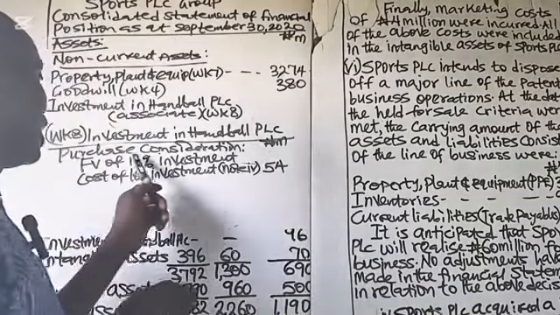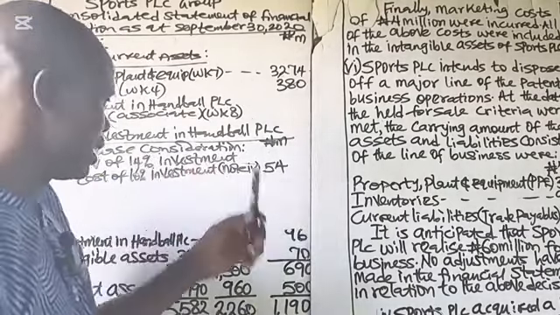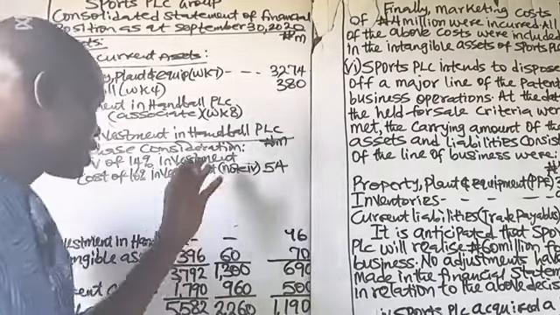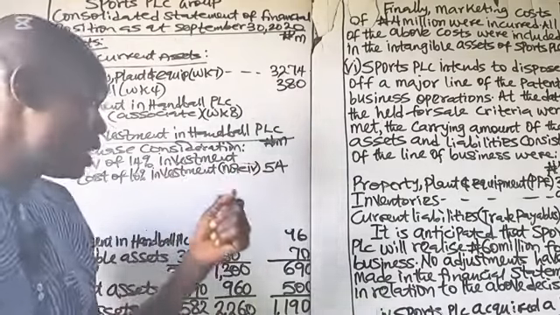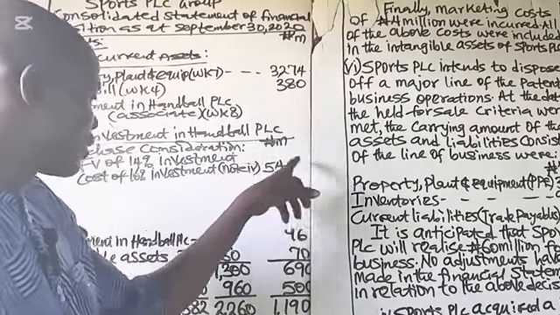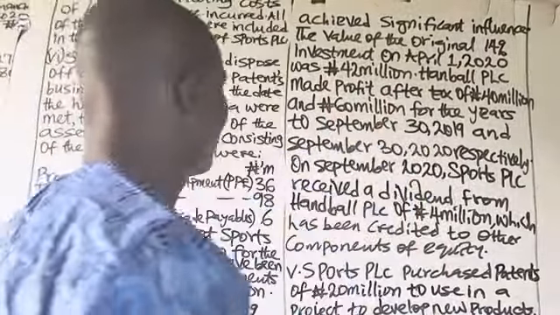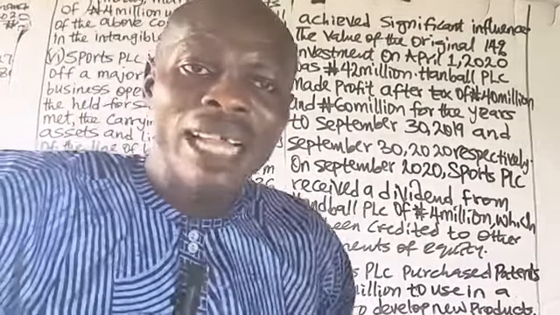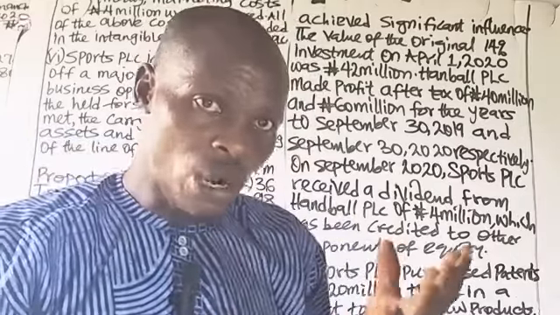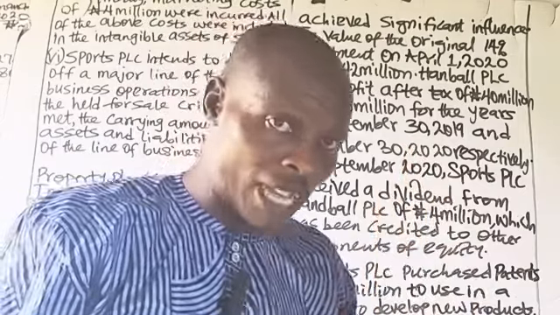But what we need is the fair value of this 14% investment. Any gains or loss subsequent to it, remember, should be adjusted in the retained earnings. So now, how much is the fair value of this 14% investment? And significant influence was achieved. After the additional 16% was acquired, the holding has now increased from 14% to 30%.